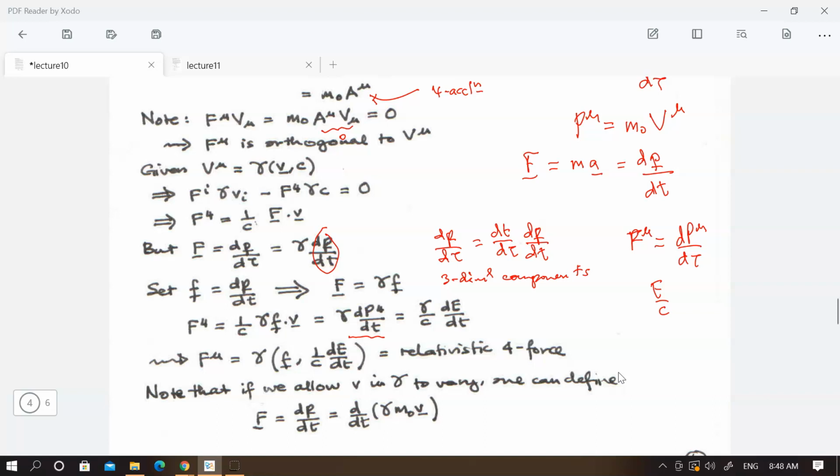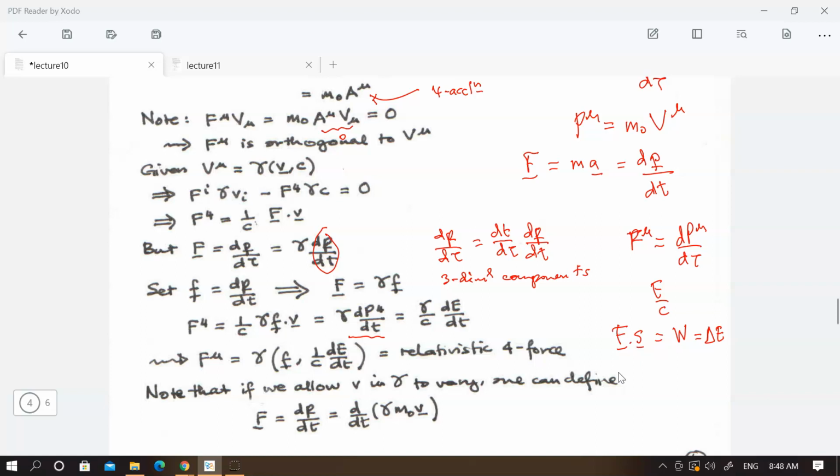F dot s in Newtonian mechanics is essentially your work done, which in these terms would be delta E. So this is going back to a very basic course of Newtonian mechanics.